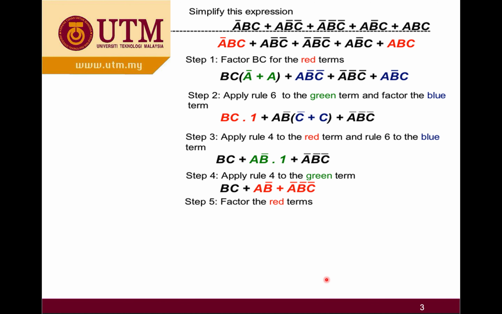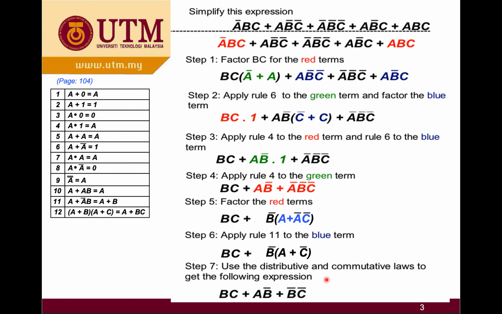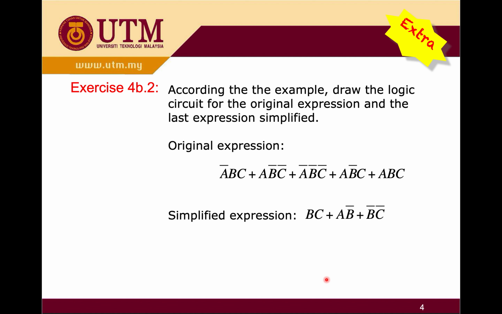So there is also another example on how to simplify the Boolean expression, but you can try it by yourself step by step. I think the problem with the simplification of expressions like this one, and then simplifying to this, is on your creativity and how you're going to apply all those 12 rules to this long expression.